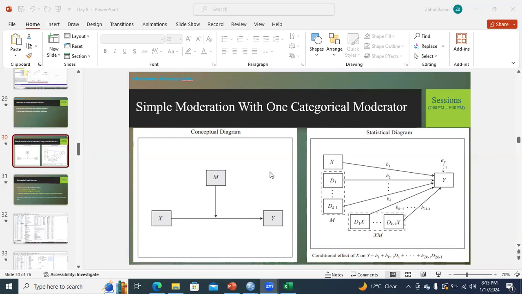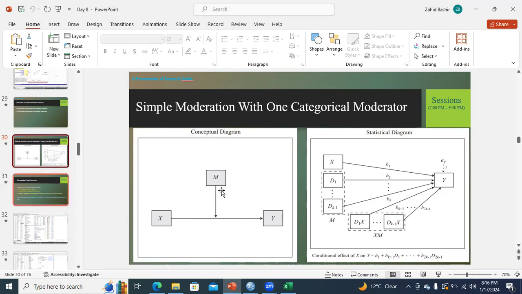So always consider one category as a reference category in case of your categorical moderator. You can see the conceptual diagram will be placed in the same way as we have done in model one, while the statistical diagram will be placed like this. So how do we analyze such data?